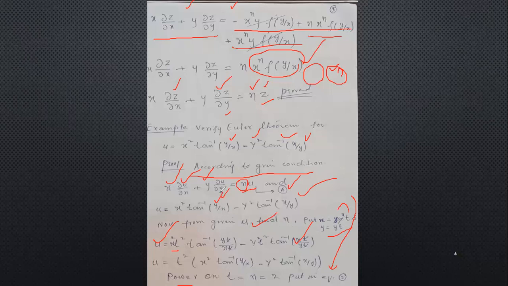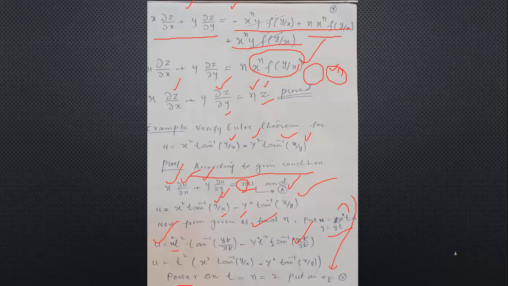Here we substitute y is equal to yt, and here x is equal to xt, also y is equal to yt. After substituting, we get y square into t square, tan inverse xt divided by yt. Now the t in the denominator and numerator cancel.